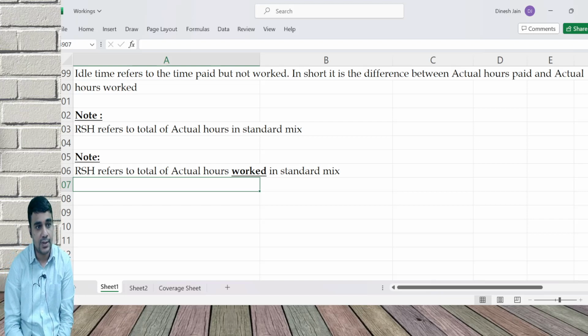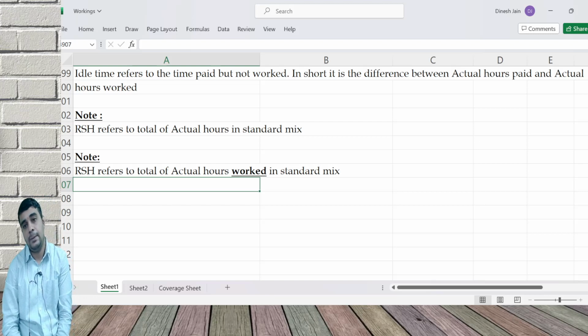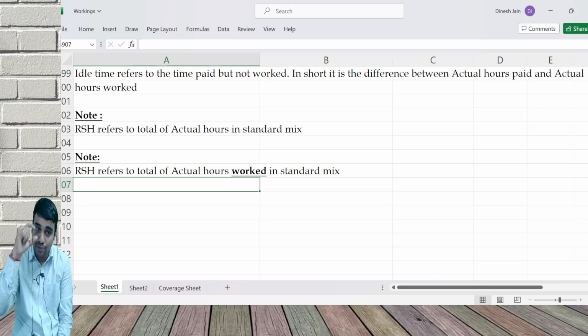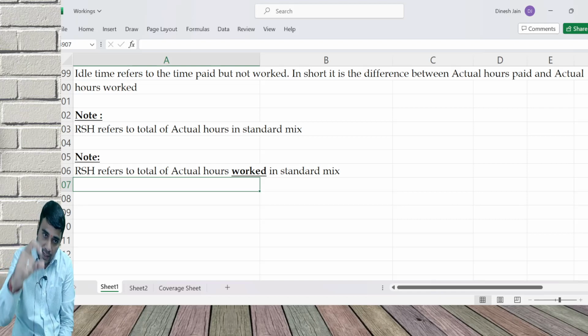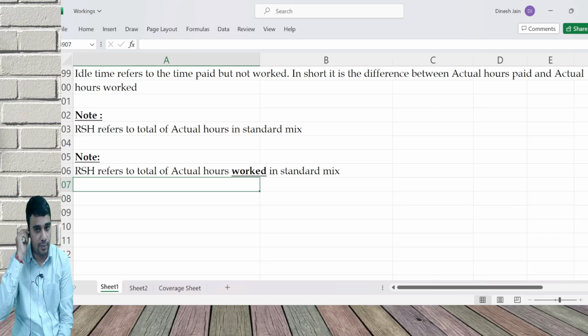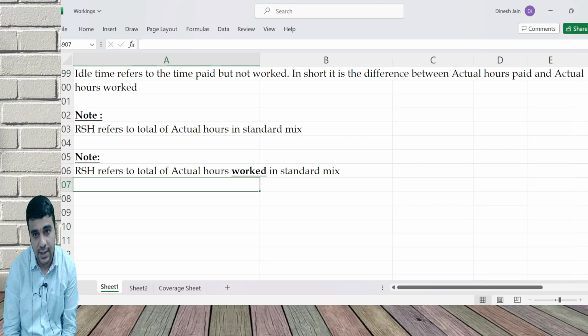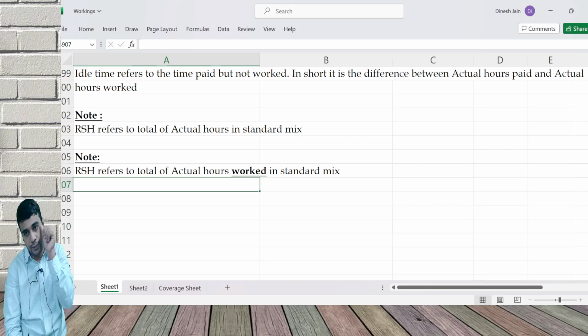It is actual hours worked in standard mix. Clear? Why actual hours worked? Because mix variance compares RSH with AHW. Any doubts on this?